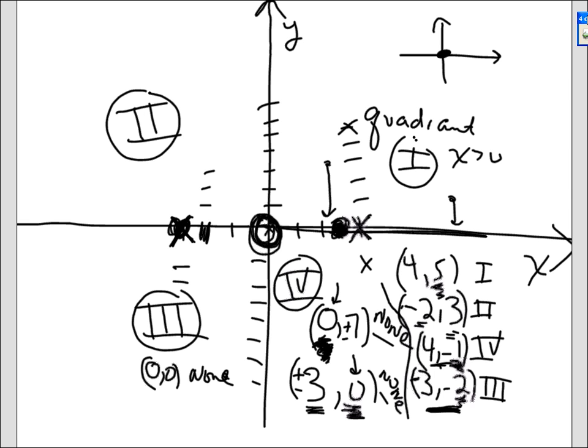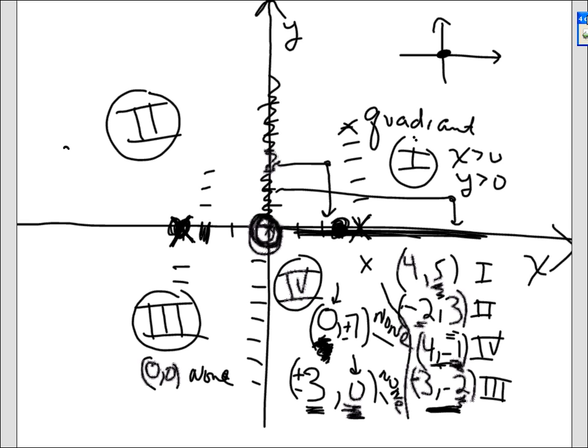Because this is where the positive x's are. To the left of the origin will be the negatives. And y's are also positive. Because when I look to the y-axis, I'm always above the origin. That's where y's are positive.